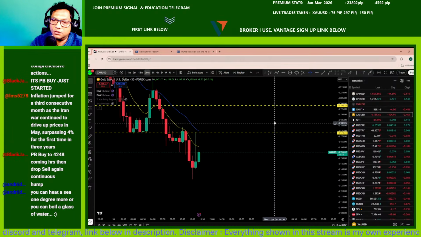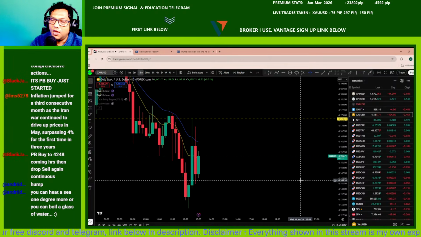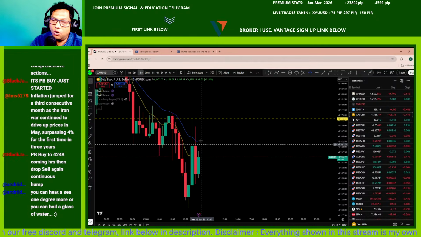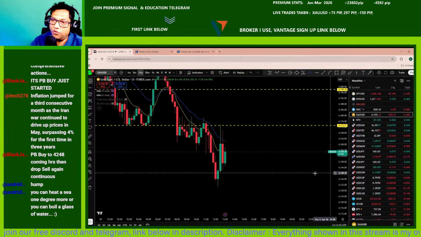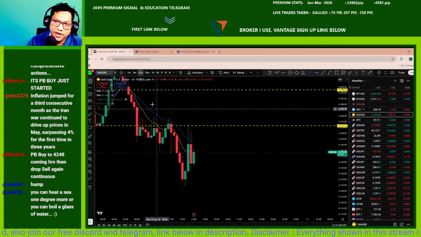With this doji, the market might try to push back in that area, and there are big long wicks, quite a few of them. I'm looking forward to seeing the market retest and then return again in that direction.